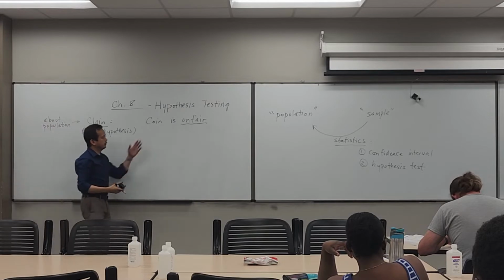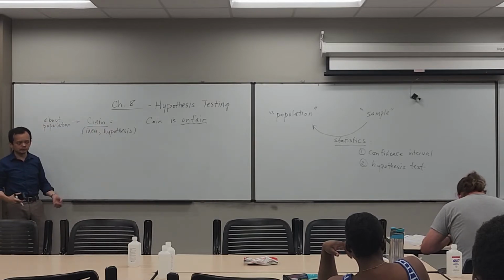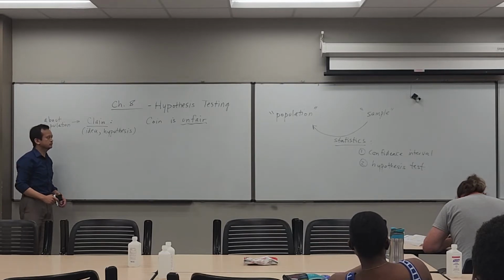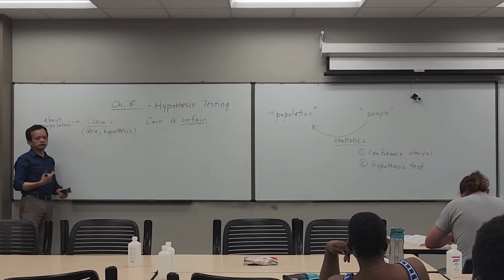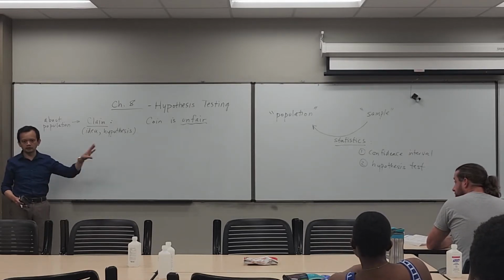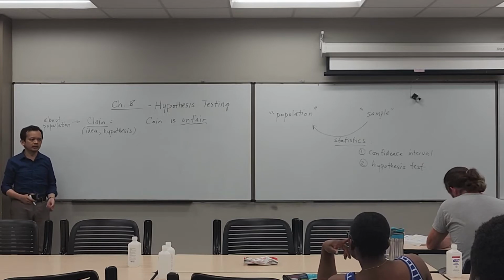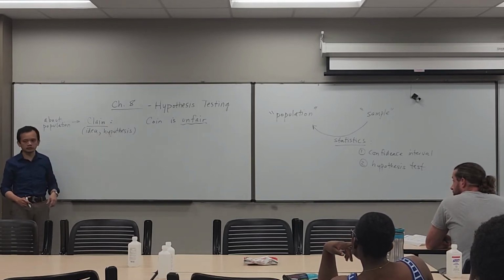So when we say the coin is unfair, it's unfair in the population of all possible coin flips. So in real life, if you had this idea that possibly the coin was unfair in the long run, how do you think you'd go about making a conclusion about whether this claim is true or not?